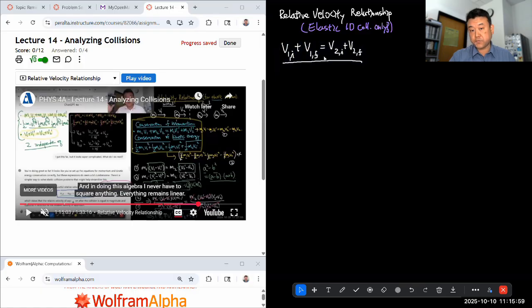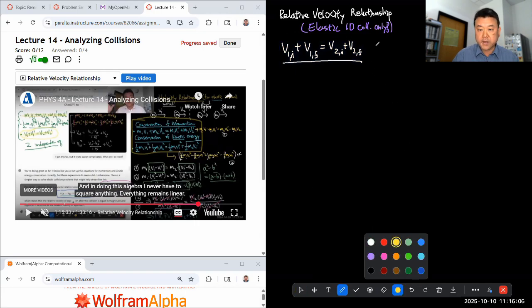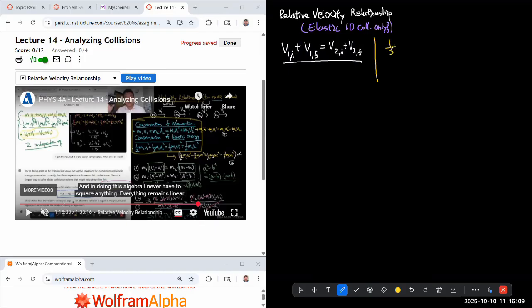The advantage of using this formula rather than conservation of kinetic energy, which let me just write out. Conservation of kinetic energy says 1/2 m1 v1 initial squared plus 1/2 m2 v2 initial squared is equal to 1/2 m1 v1 final squared plus 1/2 m2 v2 final squared.